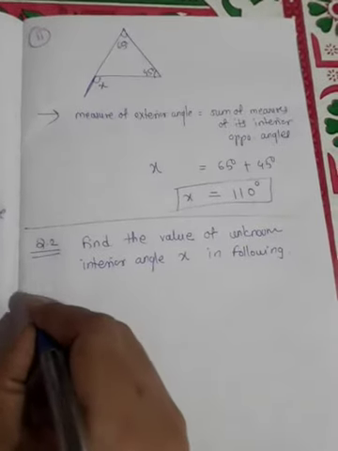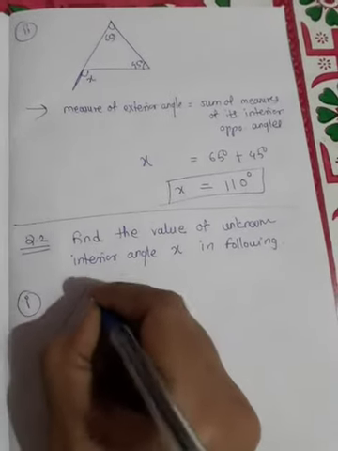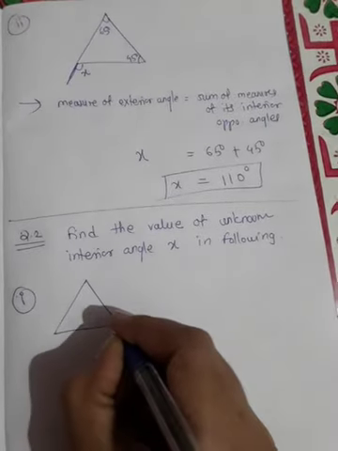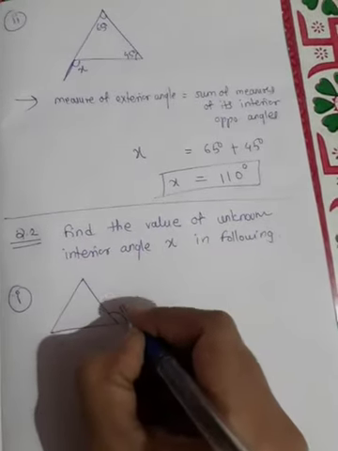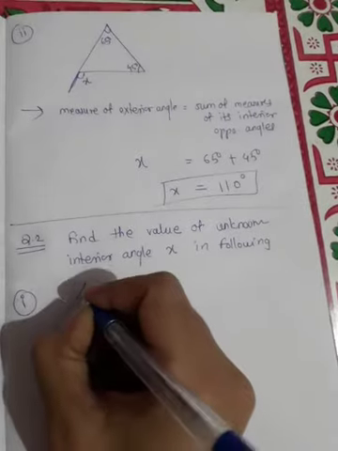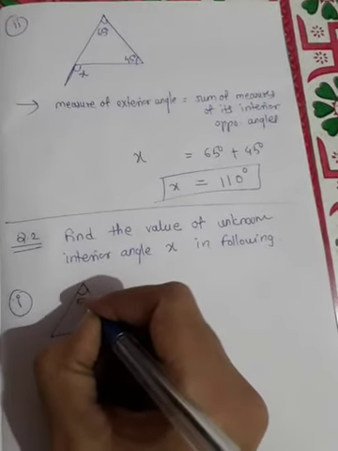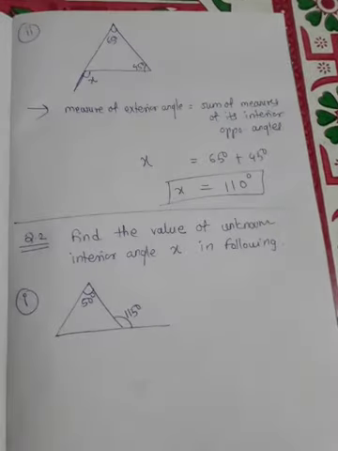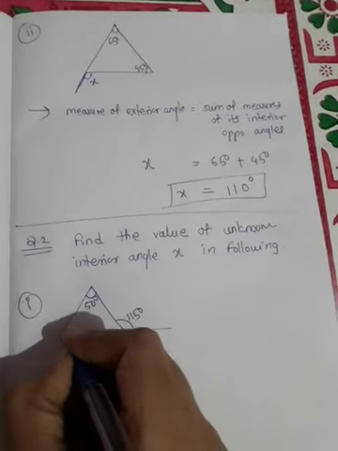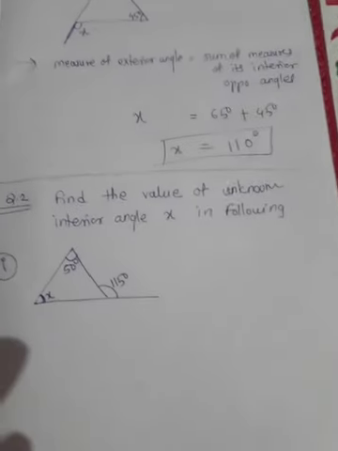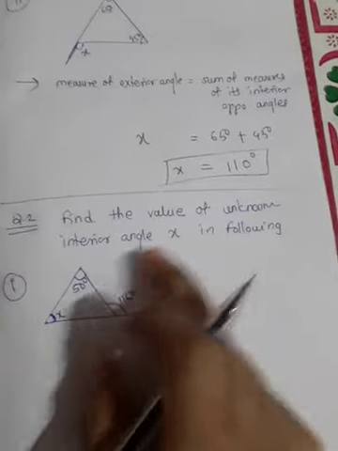Now let us see. First figure is, so in this question we have given exterior angle also and one of interior opposite angle, and we have to find another interior opposite angle. So here we have to find interior angle x.